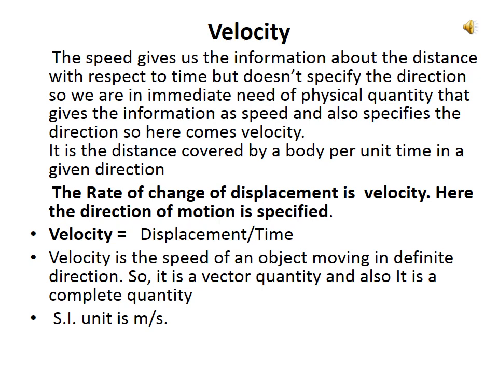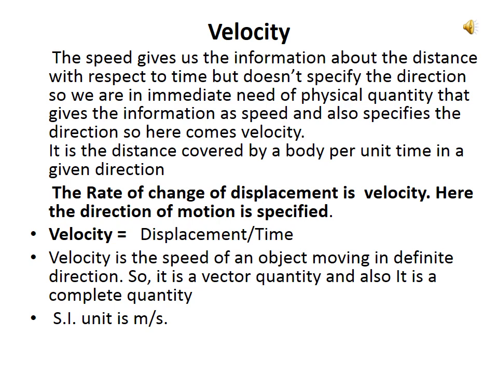It is the distance covered by a body per unit time in a given direction, or it is the rate of change of displacement. Here the direction of motion is always specified. In another way, we say velocity is the speed in a specified direction only.